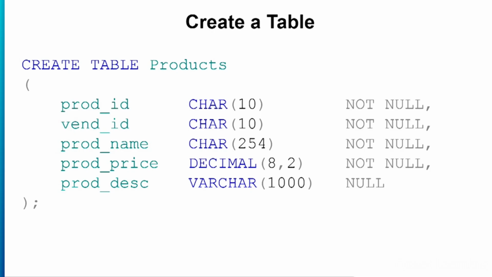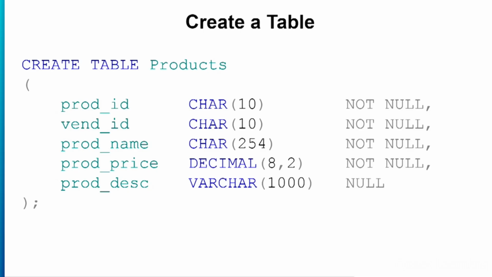The price here is a decimal, so it's a numeric value, and other DBMSs call this money or number. And the description is variable, up to 1,000 characters. The char, the character, will always be 10 or 254, regardless of how much space is used. The varchar, the variable, is saying you can store 1, 2, 3, as many characters as you need, up to 1,000 characters, and it will only take that much space.